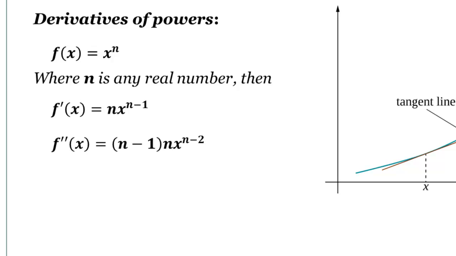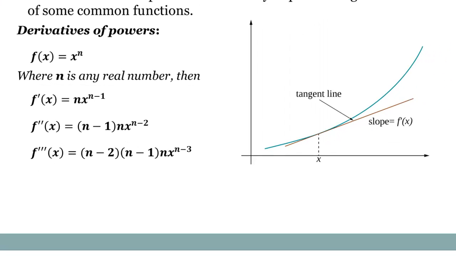The second derivative is n minus 1 times n x to the n minus 2. And the third derivative is n minus 2 times n minus 1 times n x to the n minus 3.